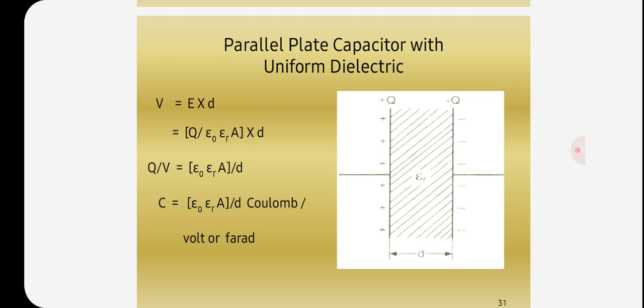The capacitance of a capacitor is directly proportional to the area of the plates, directly proportional to the relative permittivity of the medium between the plates, and inversely proportional to the distance between the plates. Next, we go for the parallel plate capacitor with composite medium.